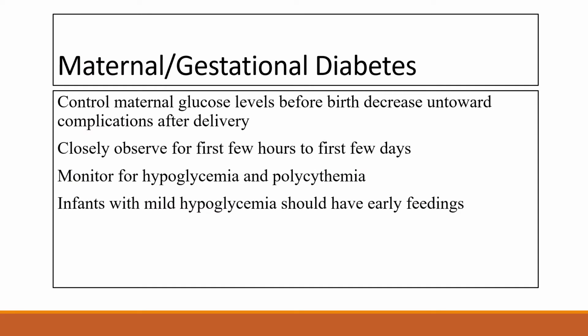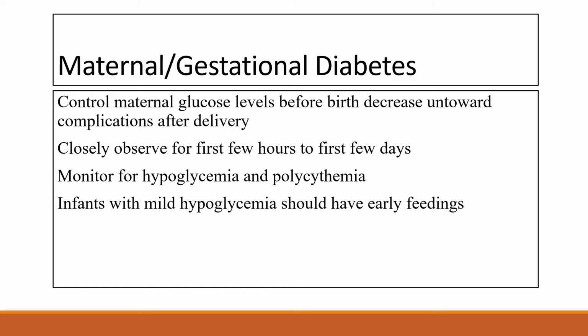So with maternal gestational diabetes, we want to encourage the mom to control her glucose levels before birth so that we can decrease any untoward complications at delivery. We want to closely monitor and observe the baby for the first few hours to the first few days after birth. Monitor for hypoglycemia and polycythemia.